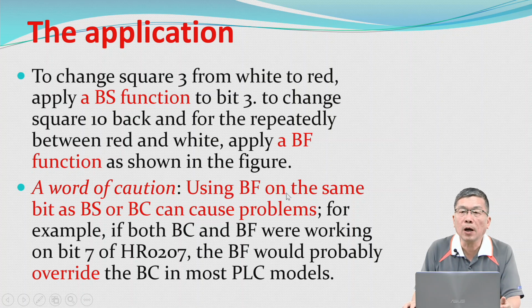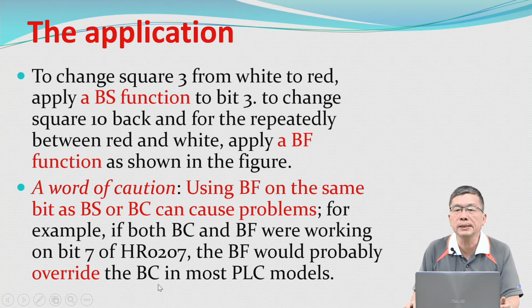Using BF on the same bits as BS or BC can cause problems. For example, if both BC and BF were working on bit 7 of holding register 207, the BF would probably overwrite the BC in most PLC models.